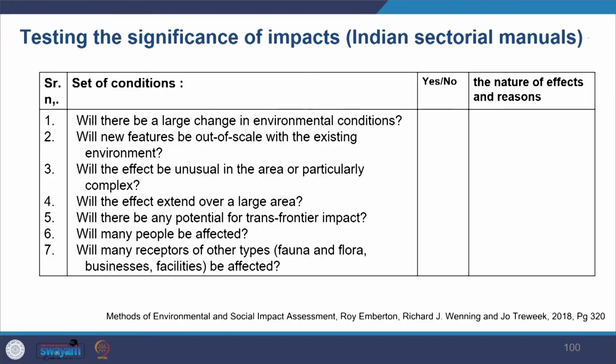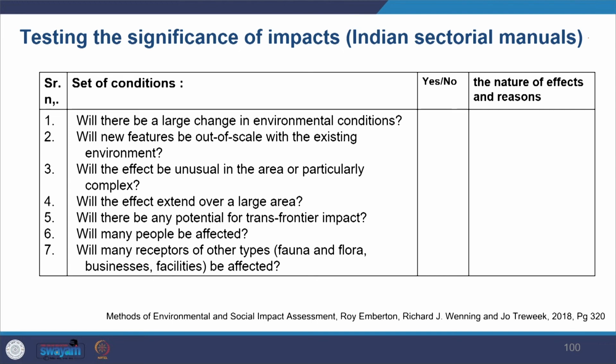From the manual, I've taken the kind of judgment one needs to make to test the significance of the impact. You look at the following checklist. Will there be a large change in the conditions? Will new features be out of scale with the existing environment?